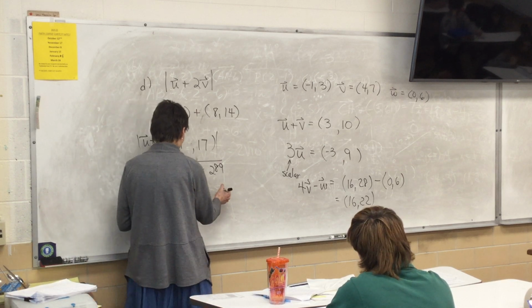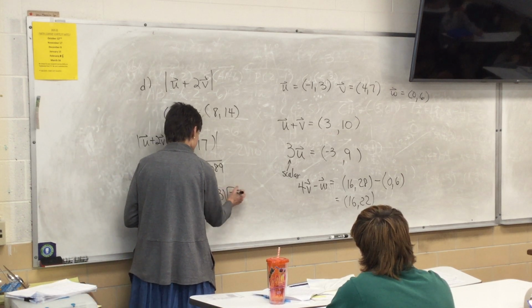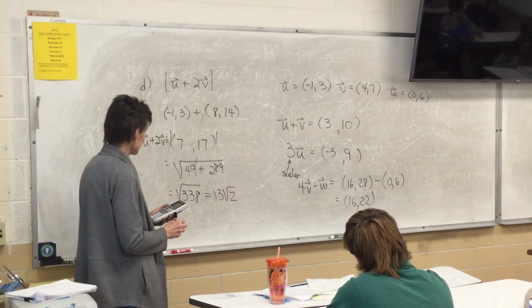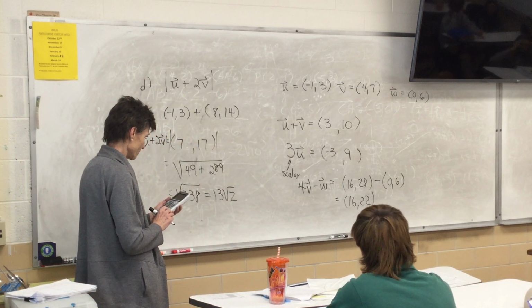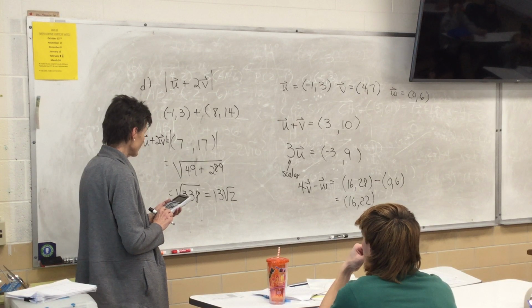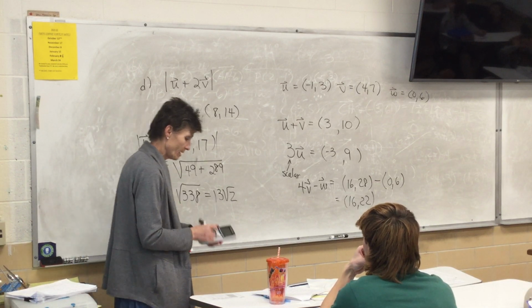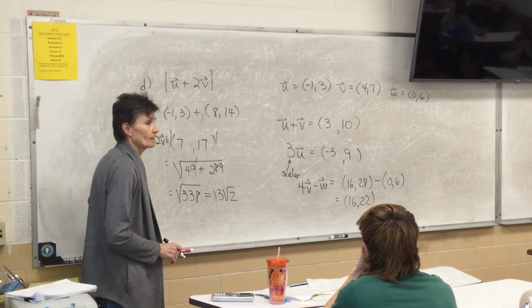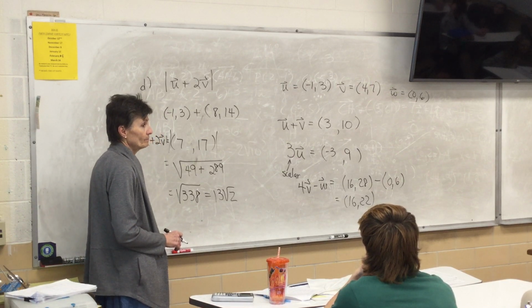And that is actually 13 root 2. That's incredible. Is that right? Yeah, because 338 divided by 2 is 169. There we go.